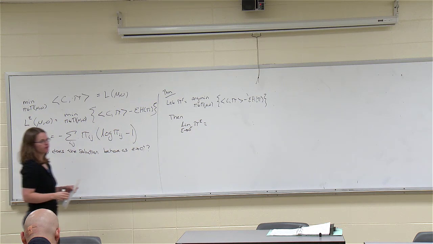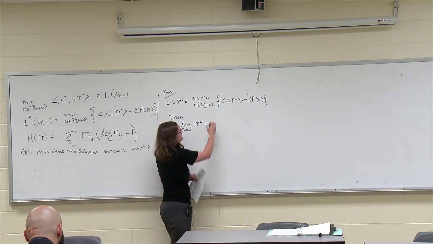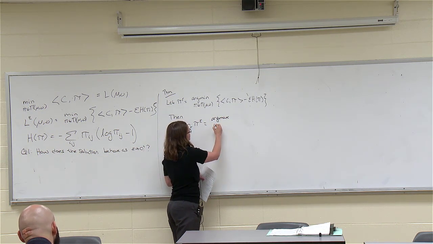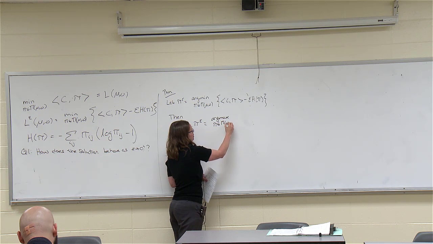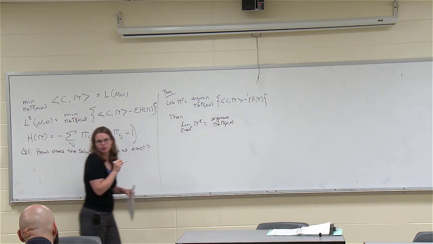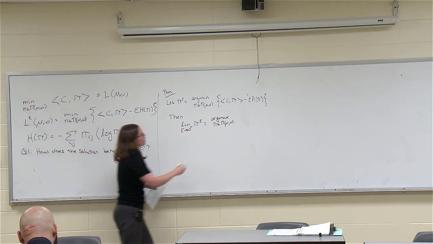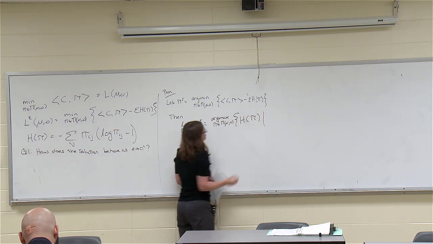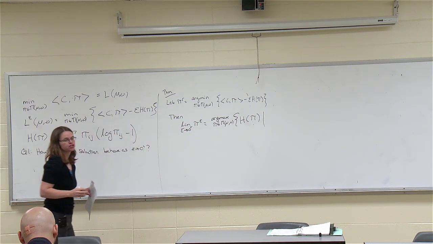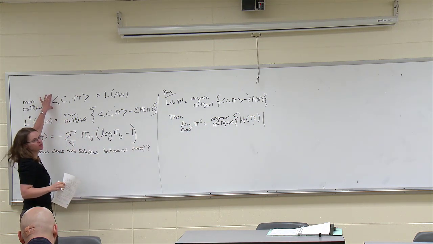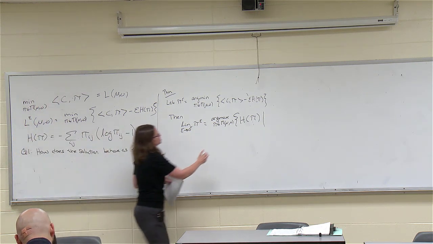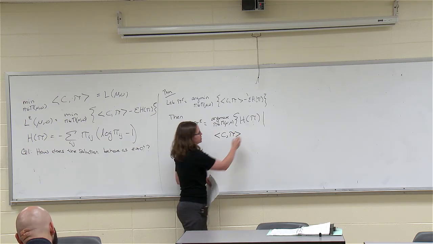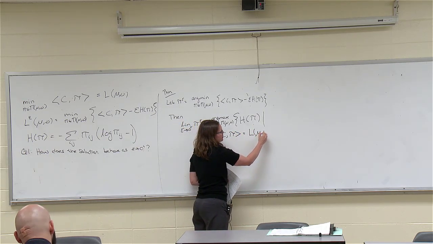And like I said, it's going to be the one that maximizes entropy. We'll write this as: again, we're restricting to feasible transport plans; of the feasible transport plans, we want to maximize entropy subject to the condition that not only is this a feasible plan, it's actually a minimizing plan for this problem. So subject to the condition that C pi, our objective function, actually gives us the minimal value.